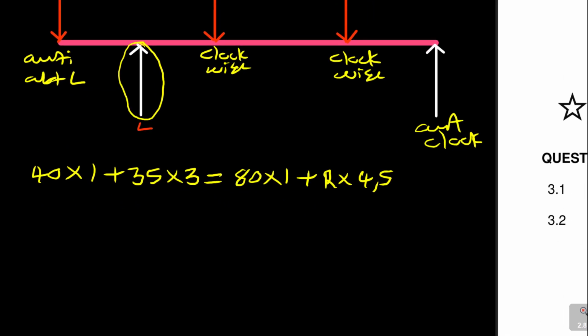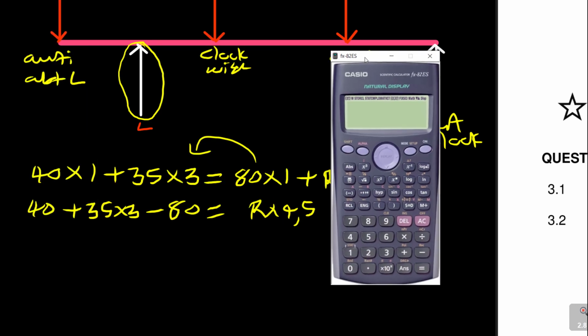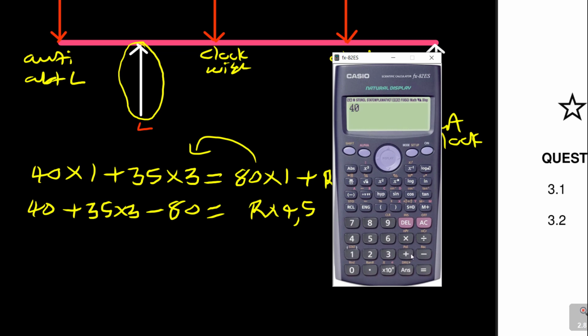And then we just simplify this using the calculator. It's 40 times 1 plus 35 times 3, and then take the 80 times 1 to the other side, minus 80, is equal to R times 4,5. Then the calculator will give you 40 plus 35 times 3 minus 80 equals 65.